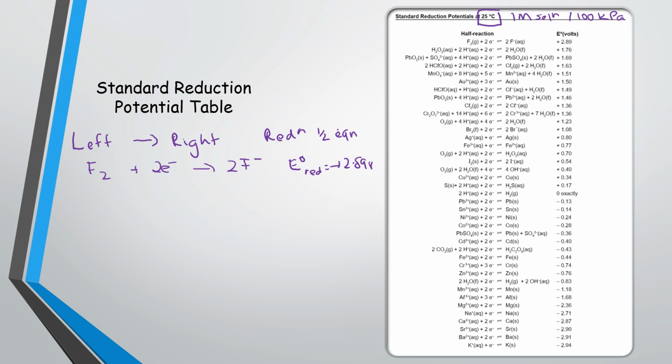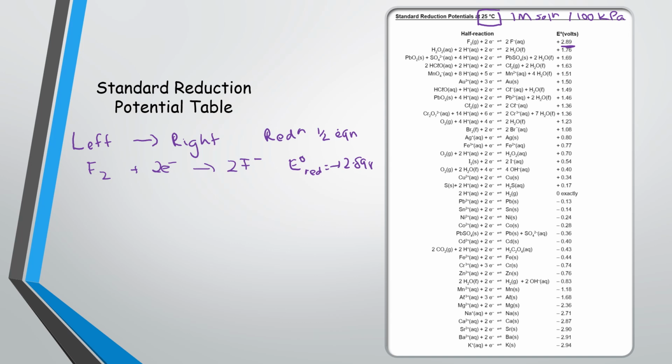Now, what this number tells us is that fluorine accepting electrons is really likely to happen. It's got a high positive voltage. So that means that fluorine is a strong oxidizing agent because it's really easy to reduce.